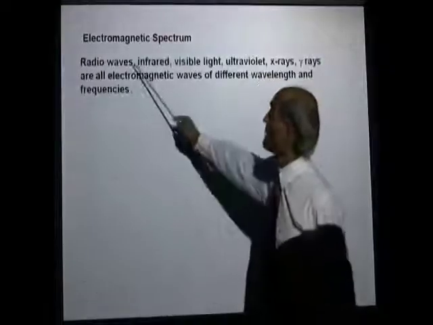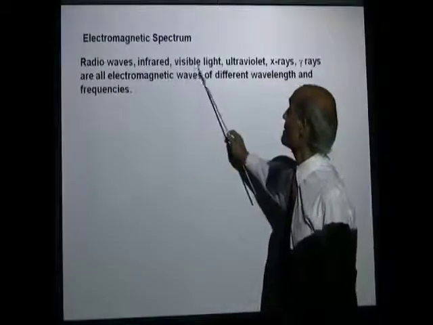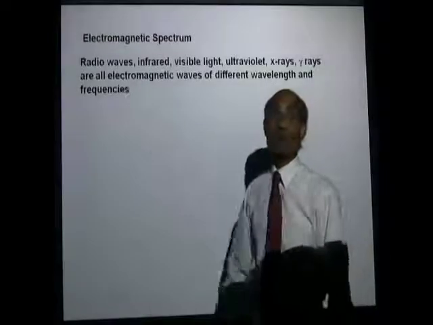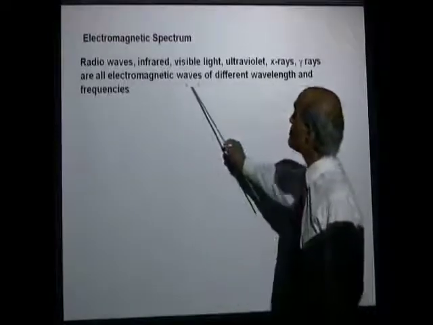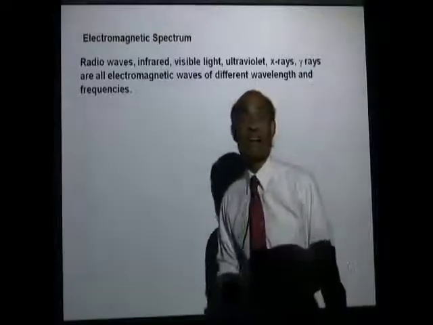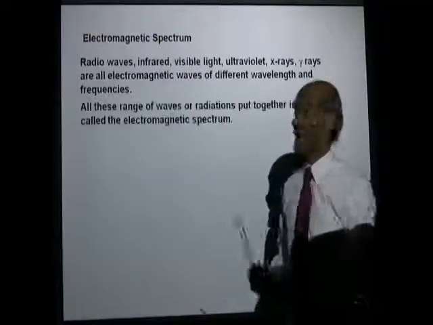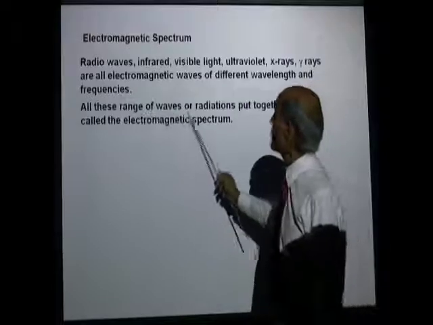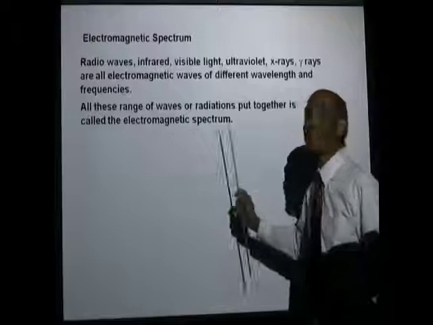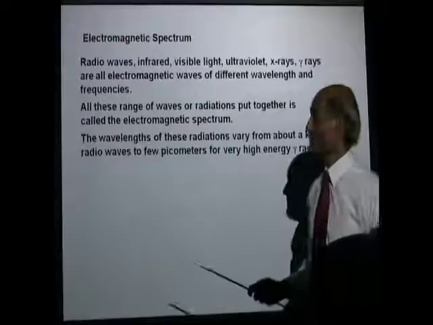Now, radio waves, infrared, visible light, ultraviolet, X-rays, and gamma rays are all electromagnetic waves of different wavelengths and frequencies. All this range of waves or radiations put together is called the electromagnetic spectrum.